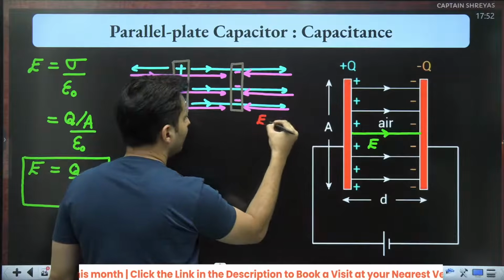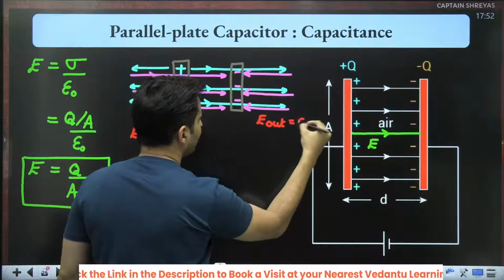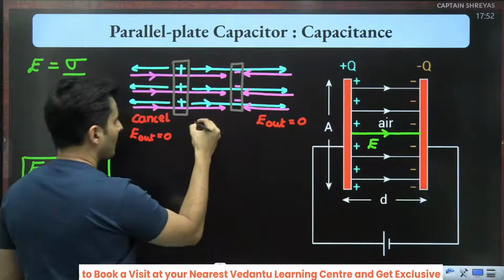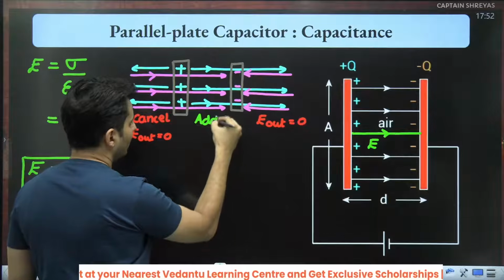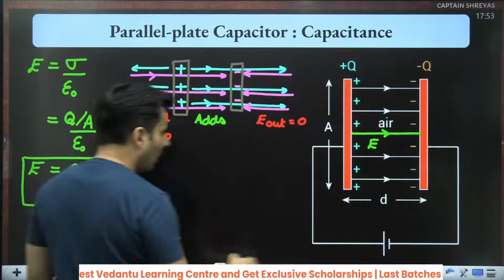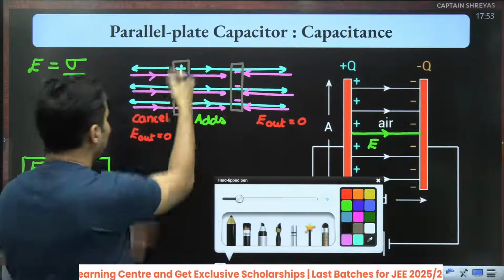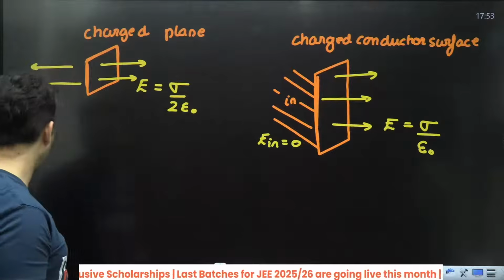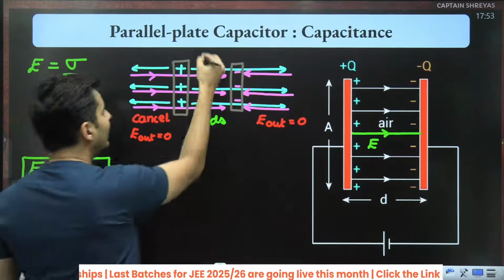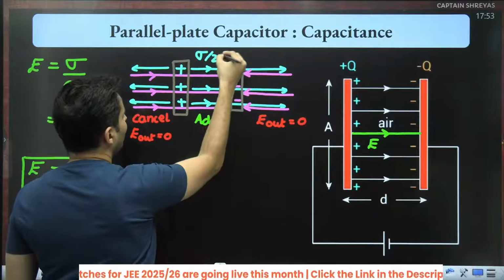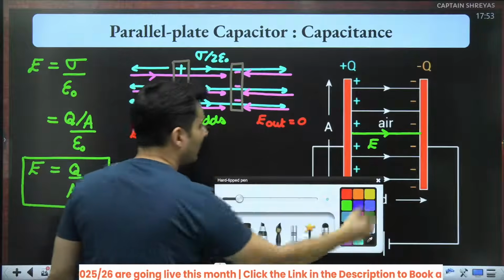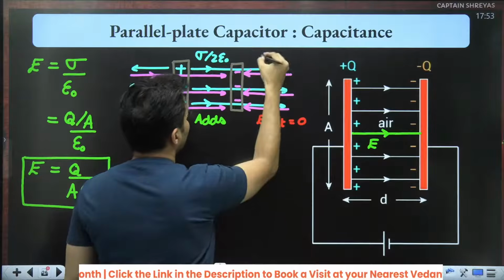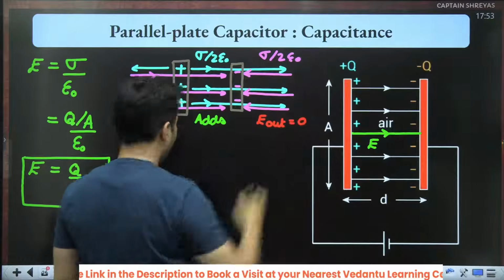Hence, the electric field in this outside region is zero. Only inside this region, the electric field adds up, and each of these electric fields, because this was a plane of charge, a charged plane gives sigma by 2 epsilon naught field. So each one of these is sigma by 2 epsilon naught. Even the pink one is also sigma by 2 epsilon naught.